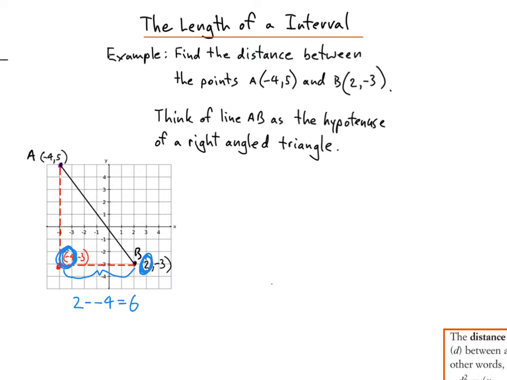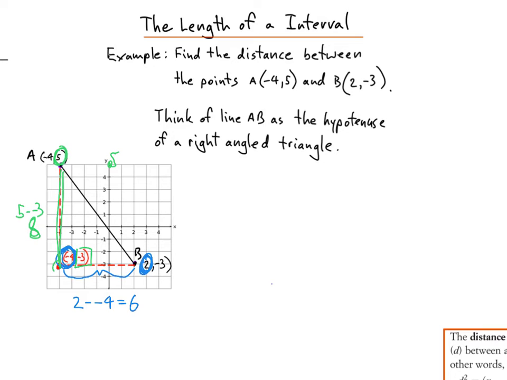Now, for the vertical length of this part here, we could count the squares, and you'll find it's 8 squares, but we could also take the larger y value, there's 5 there, take away the lowest y value, and what's the coordinate here? It's -3. 5 take away -3 equals 8.